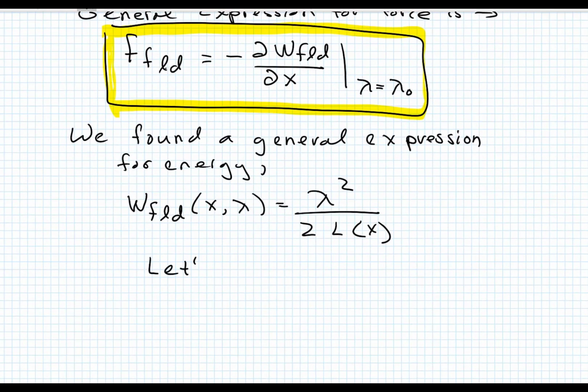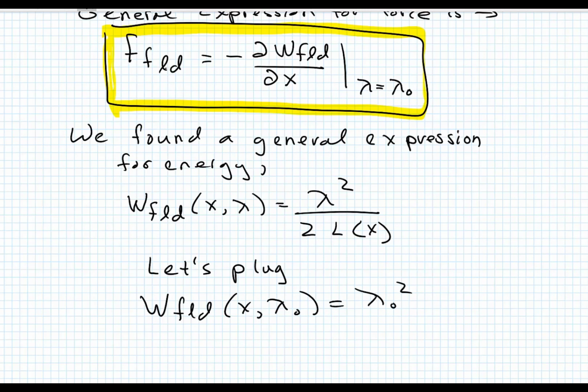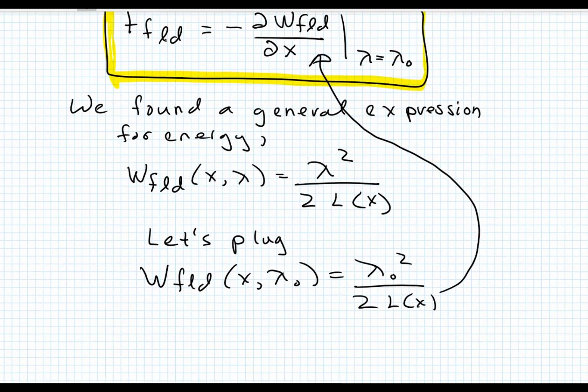Let's plug the energy as a function of x at a specific lambda naught. So that's lambda naught squared over 2 Lx. We're going to plug that into here and take the derivative.